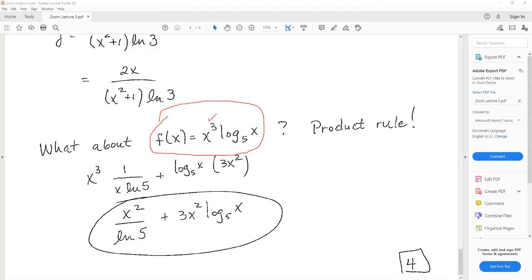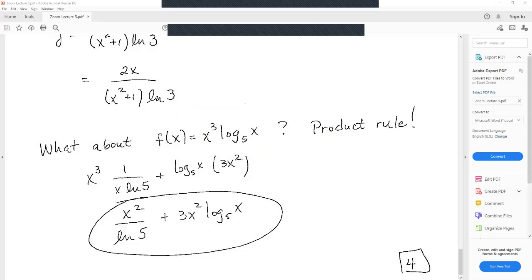And then we have log base 5 of x here. And the question is, how would we find the derivative of this function? Well, since this is a product, we would have to use the product rule, right? We would have to multiply the first times the derivative of the second plus the second times the derivative of the first.